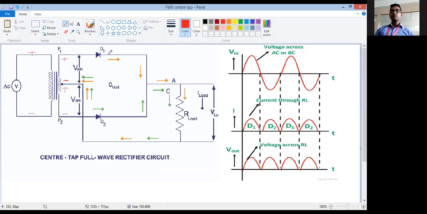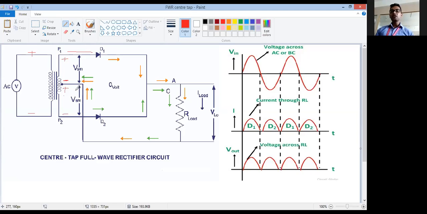So see, both diodes are there. So what will be the biasing condition of both the diodes? So we will check for D1. Now see, for D1 you have connected positive terminal of battery to P-type terminal, and negative through this load to the negative terminal. Means P is connected to P, N-type material through this load. See my arrow is moving in this direction. Here you are getting the negative terminal.